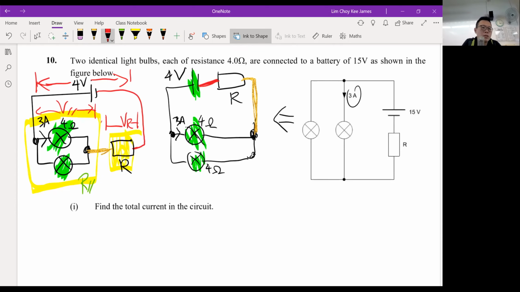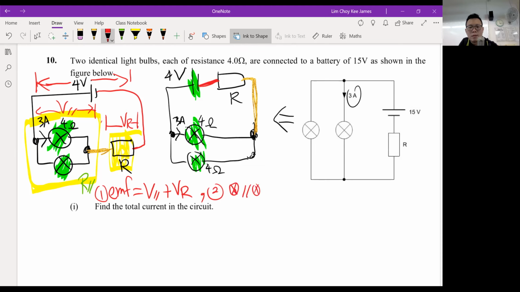So if you rearrange the resistor from the last transformation, you will realize that the EMF consists of V parallel plus VR. That's the first thing you realize. The second thing you will realize is that the light bulbs are parallel to each other.